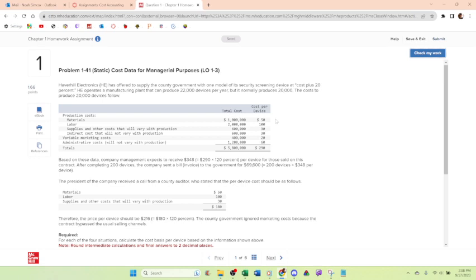The total cost would change, but the cost per device would not change. So what's going on here?